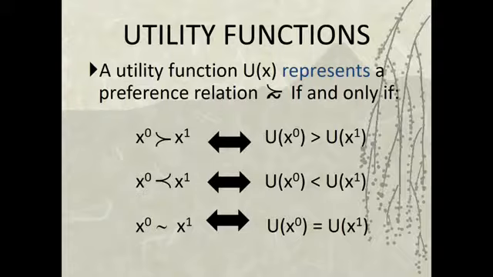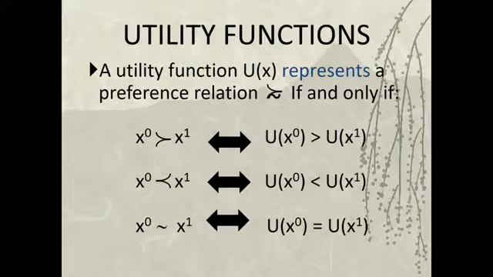If x1 is preferred over x0, that implies that the utility of x0 is less than the utility of x1. Same, now if it is only a tilde line, that is x0 is indifferent to x1, that is the third one, called the indifference.